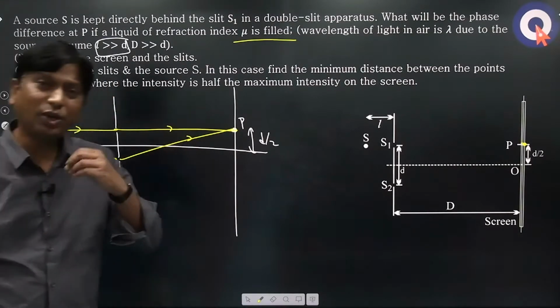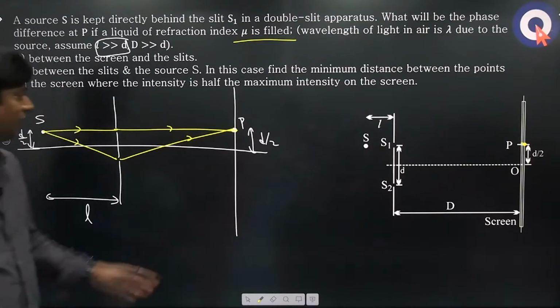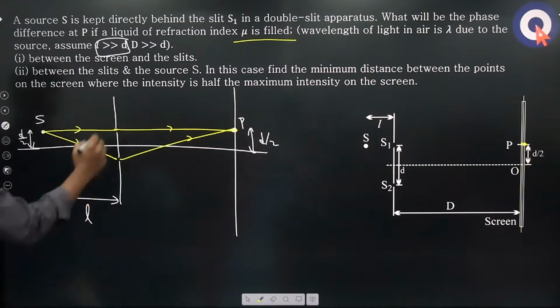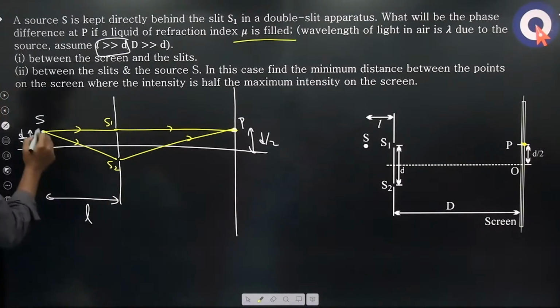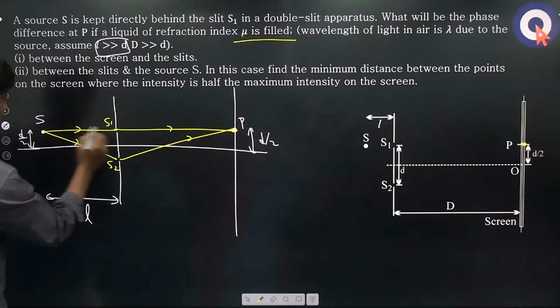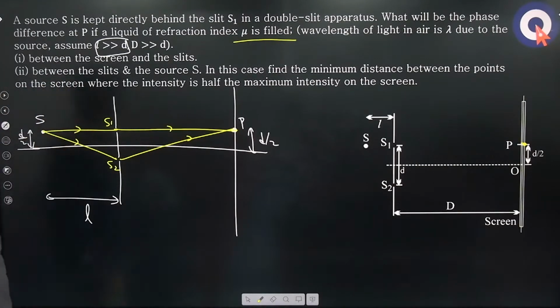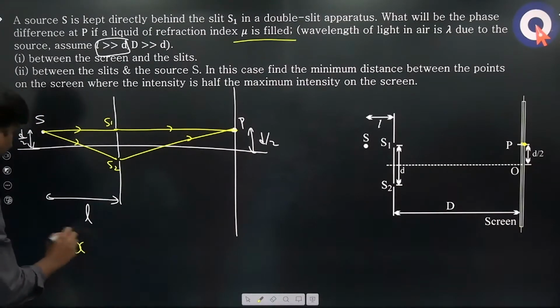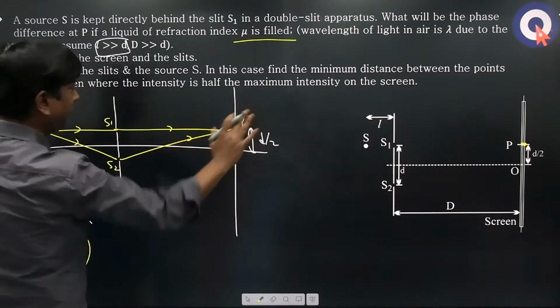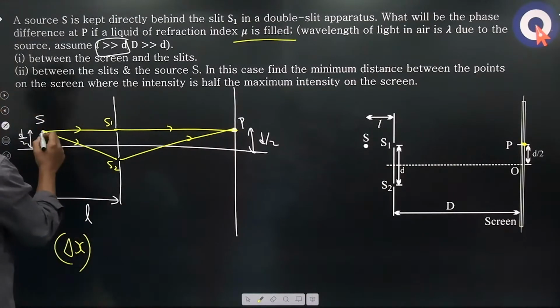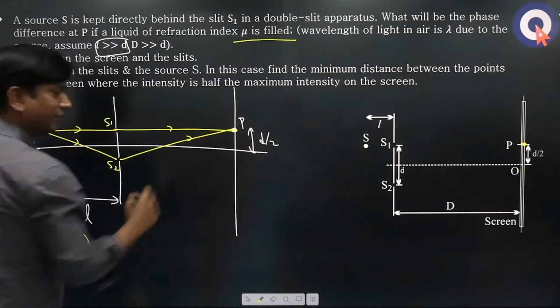If you take without any medium, then how to take the path difference? First of all, if you take S1, S2, this is already longer than this, and here also it is longer than this. So suppose there is no medium filled, completely in air, what will be the net path difference at point P between this wave and this wave?